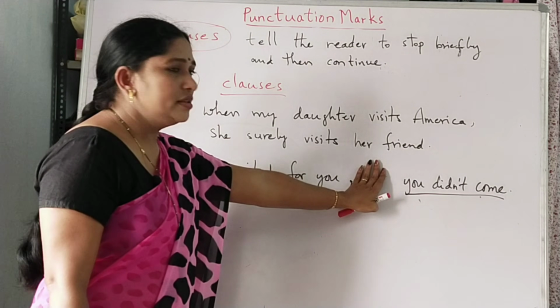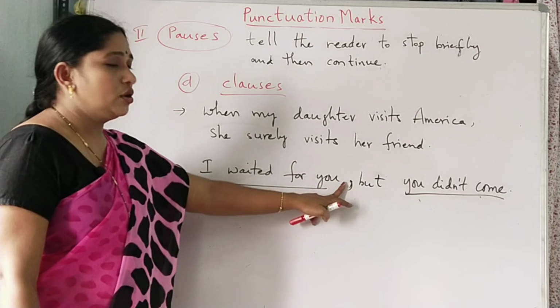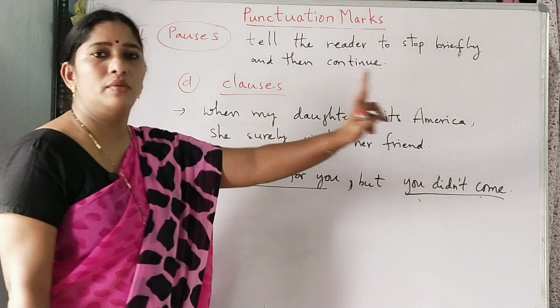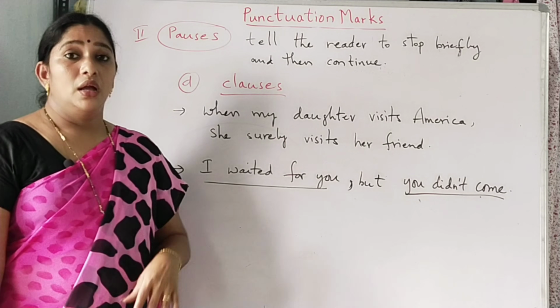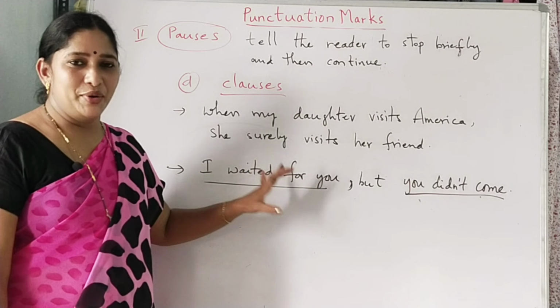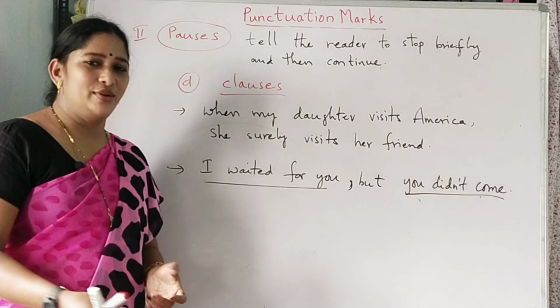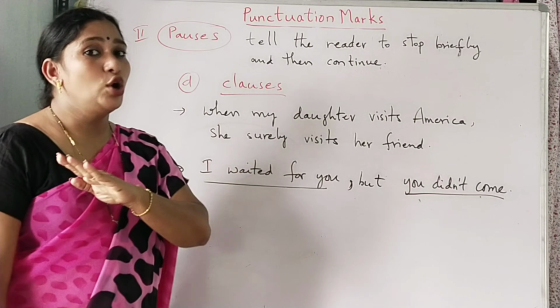Without writing the coordinating conjunction, only simply a comma is not correct. So we have to give a comma, later the coordinating conjunction followed by the main clause. We get 4 areas where we can use comma. I hope you understand. Keep on watching, listen carefully, then easily you can understand this. Got it? Then comma completed.